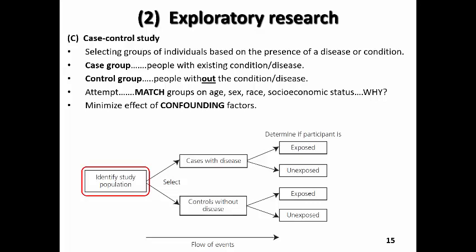So coming back to the case control study, one study population we might target are adults aged between 50 and 65 years old. This is just one type of approach.